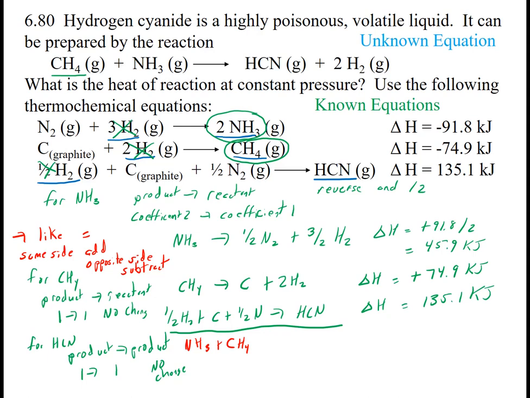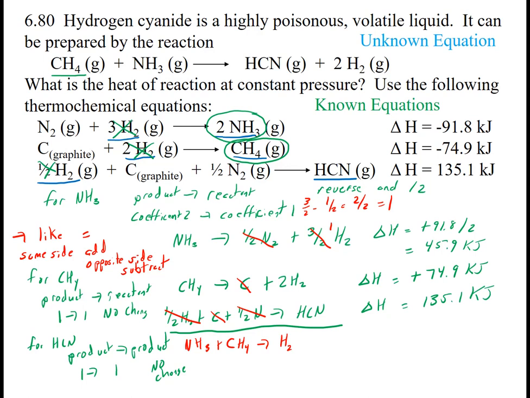So 1/2 is smaller, so it goes away. 3/2 minus 1/2 is 2/2, which is the same thing as 1, so this becomes a coefficient of 1. Carbon, I've got 1 and I've got 1, so they just simply subtract. And I've got 1/2 nitrogen and 1/2 nitrogen, so they subtract away. And so that's all my reactants, so I'm left with hydrogen, since the nitrogen went away.